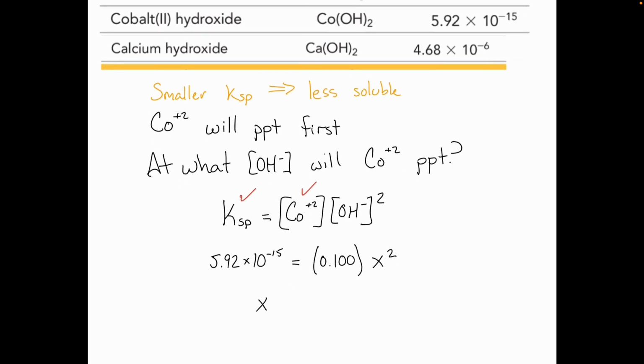All right, so that means that X, my hydroxide ion concentration, is a super tiny number. All right, so 0.000000243, or, more condensed, 2.43 times 10 to the negative 7.